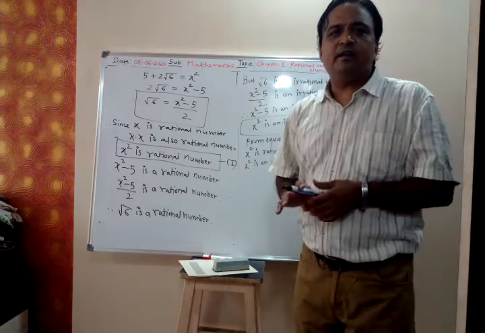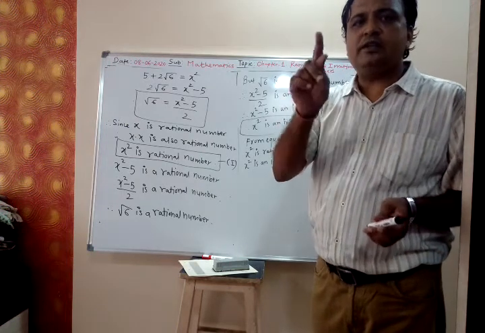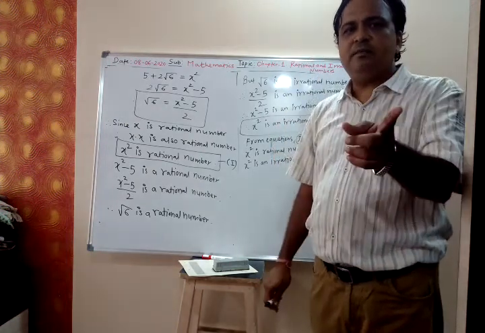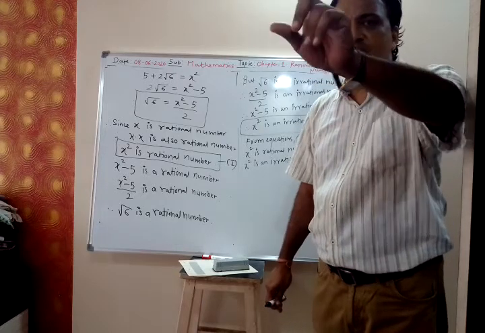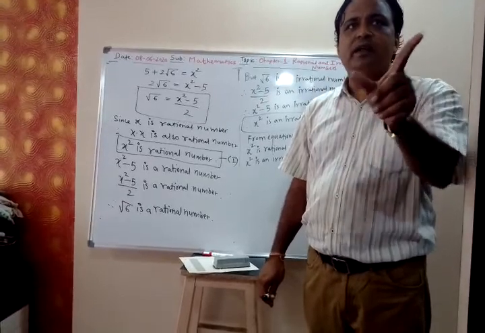Now any number will be either a rational number or an irrational number. If it is rational, then it will not be irrational. If it is irrational, then it will not be rational.